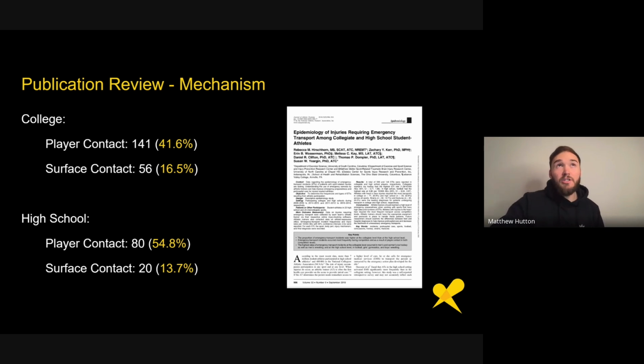If you're looking at a potential lower limb fracture in somebody who's skeletally immature, you're thinking more along the lines of a fracture, less along the lines of a sprain or a strain. So if somebody's going down after a surface contact, if they land awkwardly, maybe you're thinking it's probably a lower leg fracture as opposed to an ankle sprain, just because their bones aren't mature yet, they aren't quite as strong, and so they don't absorb force as well.